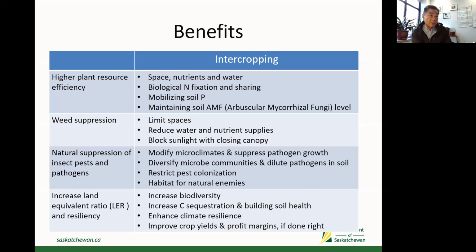And also, if you grow 2 crops together, one crop that is a host and supports the arbuscular mycorrhizal fungi, they would be able to maintain the AMF level in the soil. And later we will talk about how that AMF helps crops to use nutrients and water efficiently, and increase the crop yield.